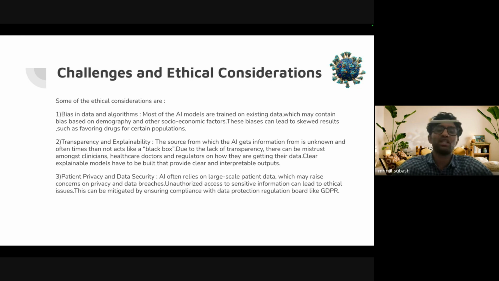And another thing is patient privacy and data security. So AI, oftentimes than not, relies on large scale patient data.